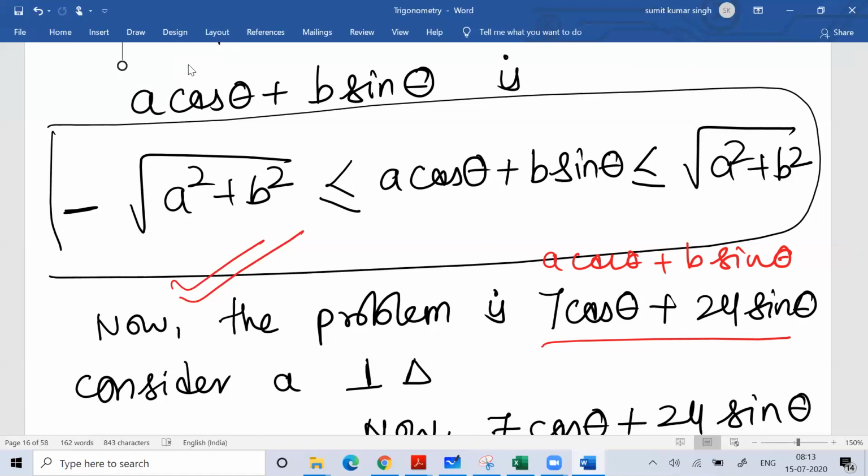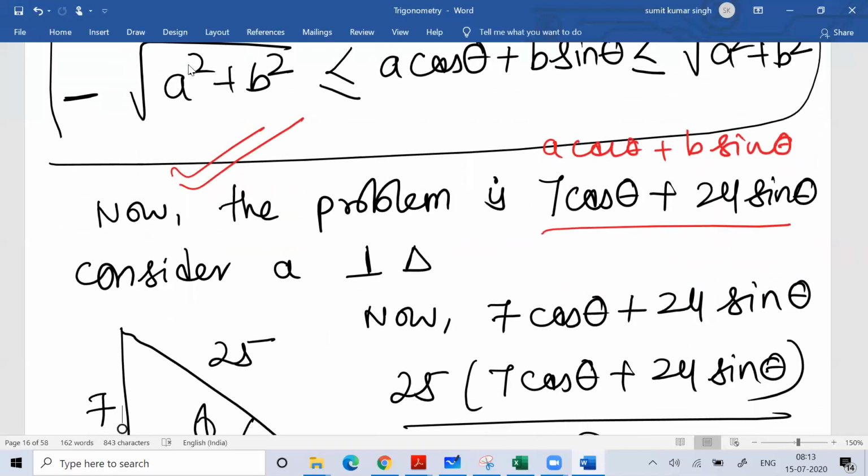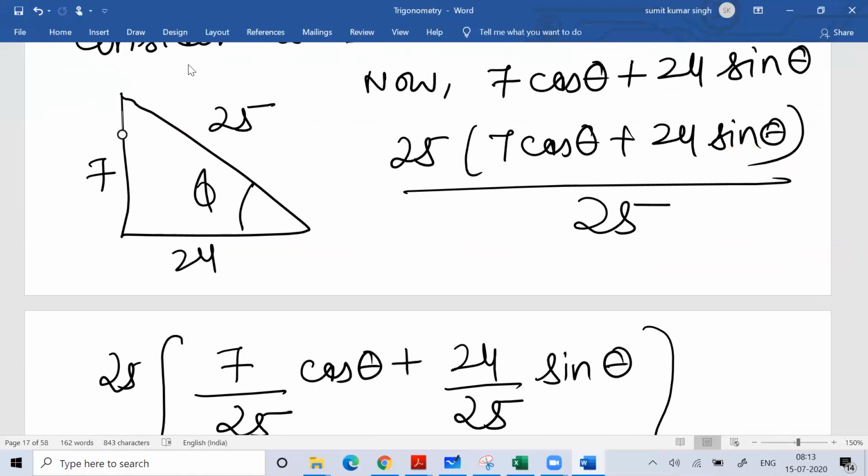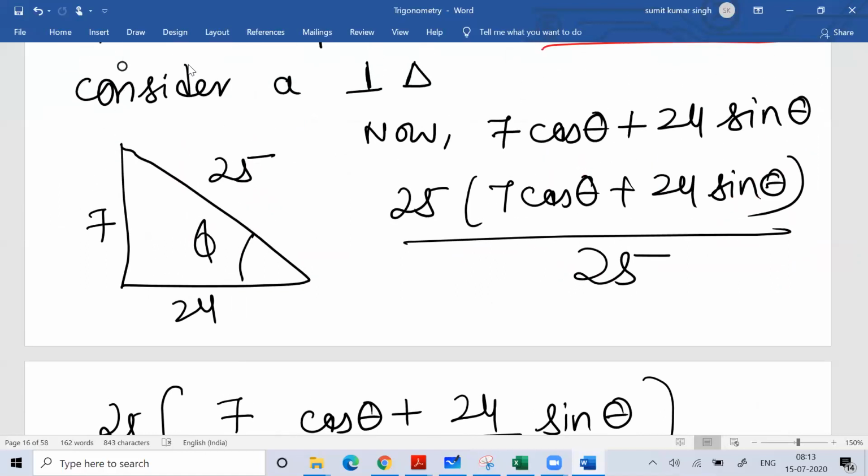We can assume a triangle where the angle is phi, the perpendicular is 7 and the base is 24, then the hypotenuse would be 25. In that context, sin phi is equal to 7 by 25 and cos phi is equal to 24 by 25.